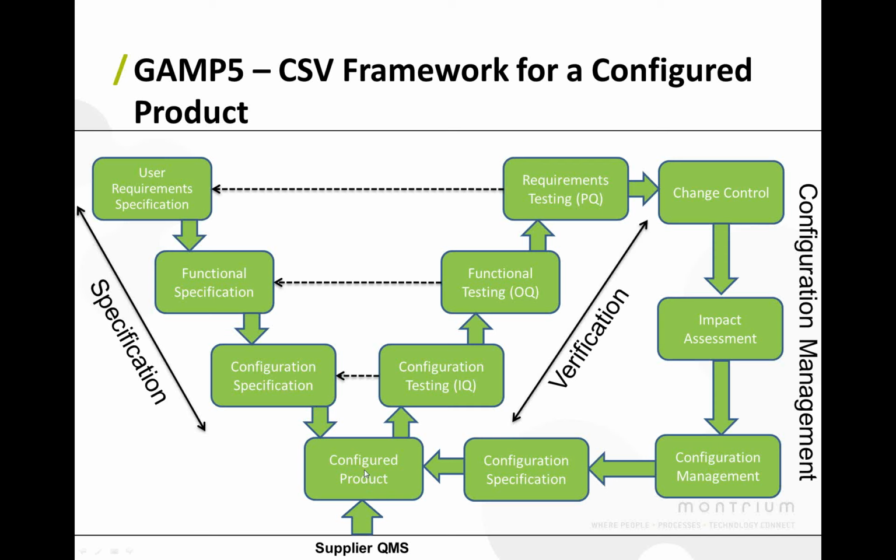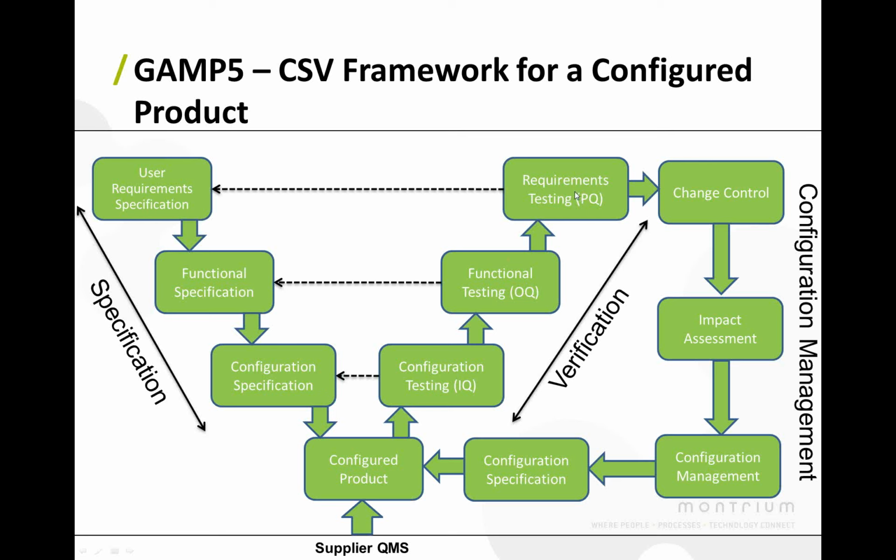And once we've completed that configuration, we'll then do a series of different tests. So we'll do IQ tests, so configuration testing or installation qualification, to make sure that the system has been installed properly in its installed environment. Once we've done that, we'll do functional testing or operational qualification, and this is typically done against the functional specifications.